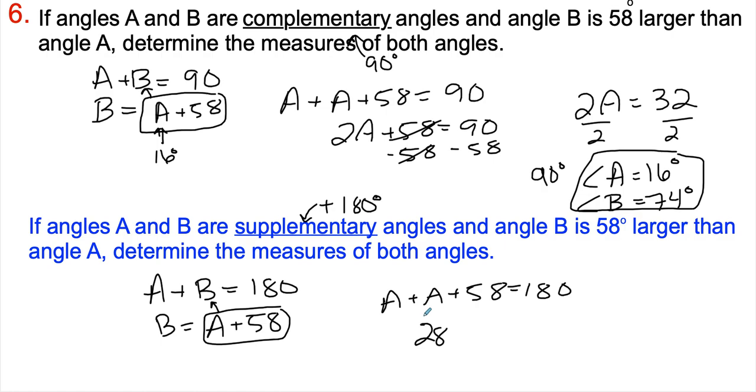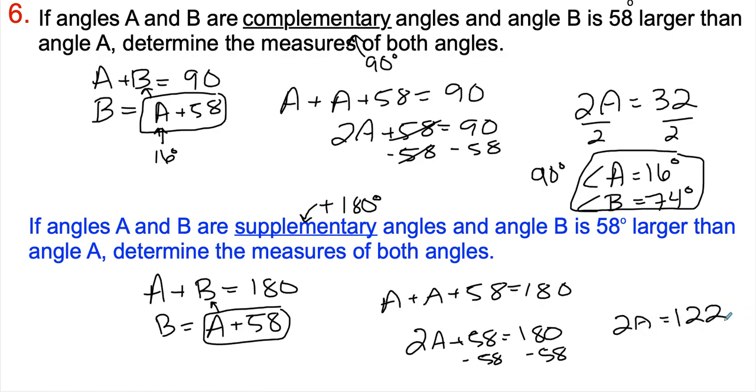2A plus 58 equals 180. Minus the 58 again. 2A is equal to 122. A is going to be equal to 61 degrees.